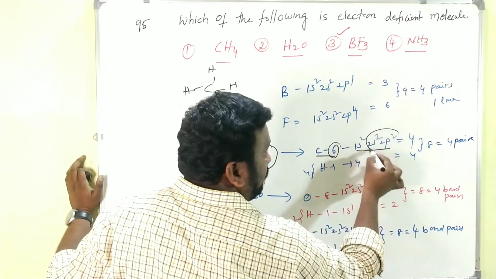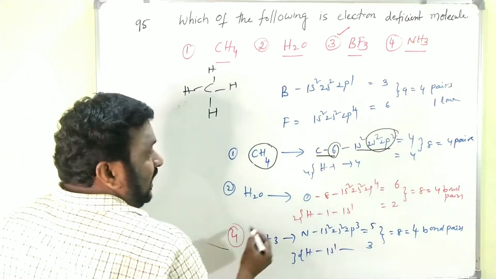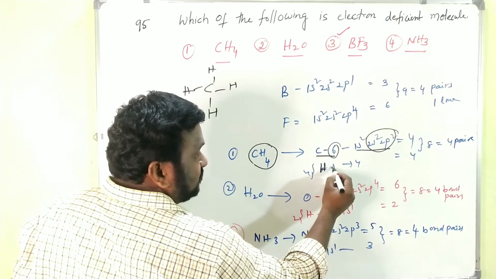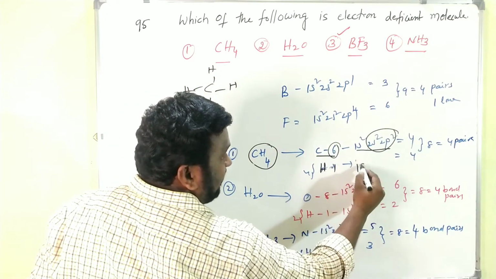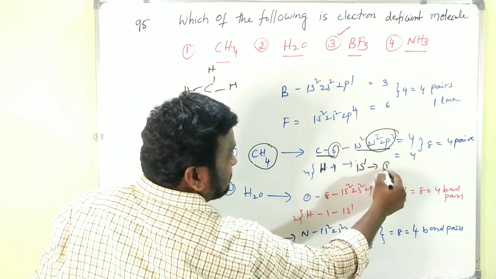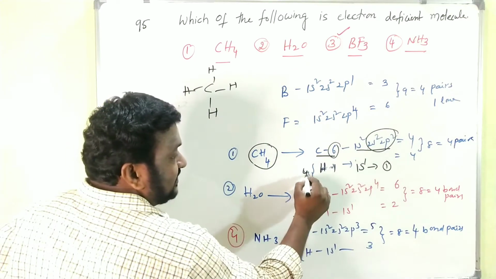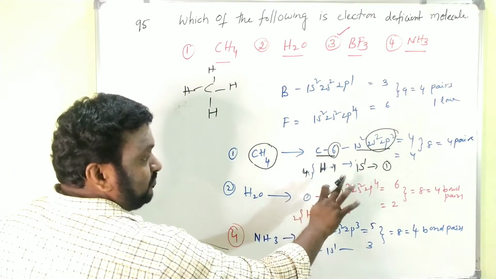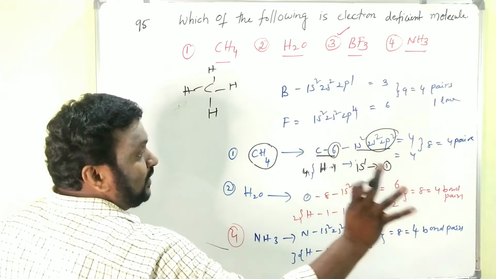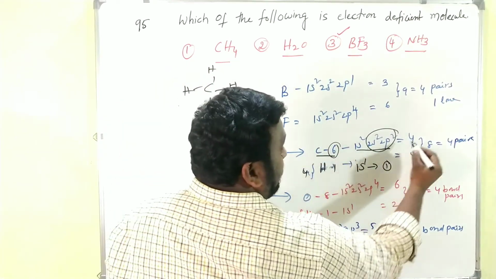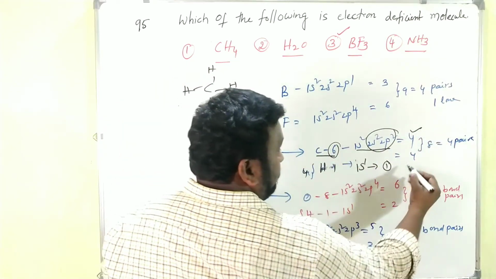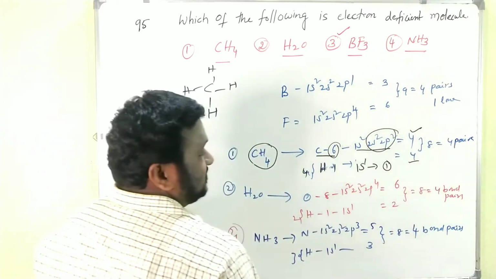Valence electrons are 4. Clear? And hydrogen has 1s1, valence electron is 1. How many hydrogens are there? 4, so 4 valence electrons from the hydrogens, and 4 valence electrons for carbon.